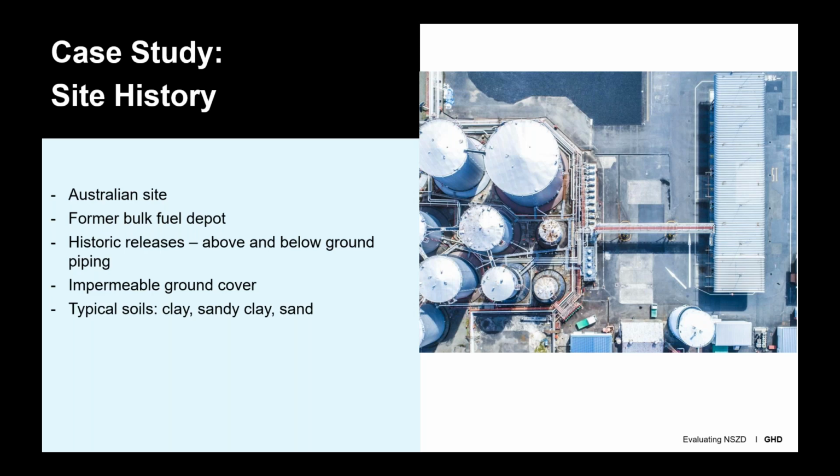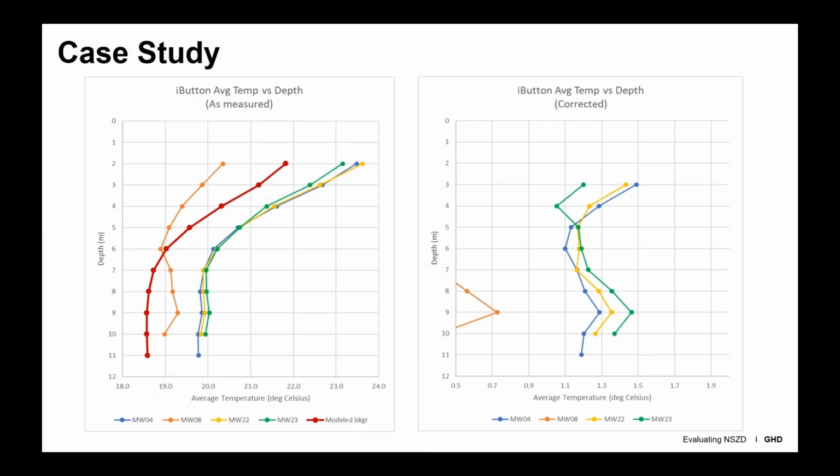At this site, the biogenic heat data was collected using iButtons, so temperature loggers. It was collected in 6 different wells, and we're going to look at 4 of those. The data was collected over about a month's time, in April of 2021.